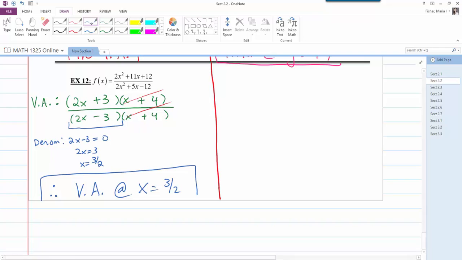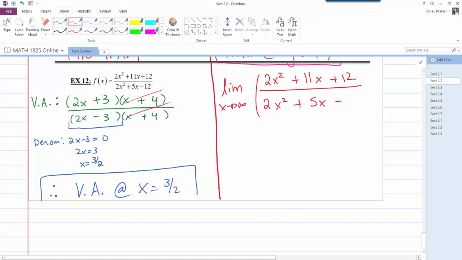What about horizontal asymptotes? Again, for horizontal asymptotes, we're going to take the limit as x goes to infinity of this function. So we have 2x squared plus 11x plus 12 over 2x squared plus 5x minus 12. Well, the leading term in my numerator is 2x squared. The leading term in my denominator is 2x squared.